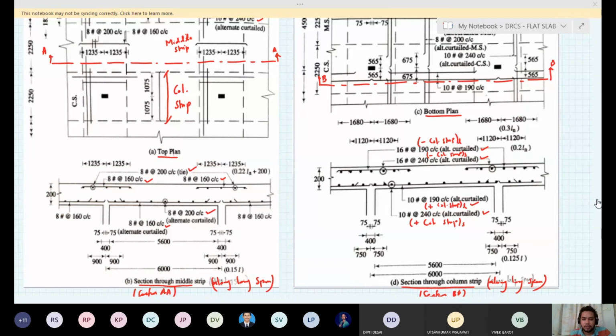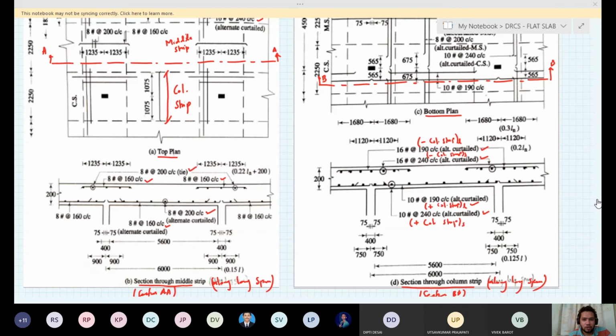For example, here we have considered interior panel only. Suppose you have been asked to design an exterior panel, then what changes will be there? So that we will see very quickly. We will not go in detail, but the calculation and procedure will be the same as we have followed here.